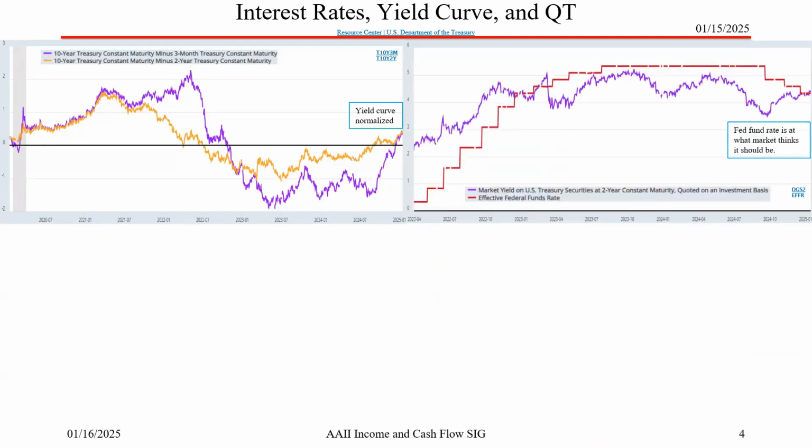The next one is the 2-year Treasury versus the effective federal funds rate. There is a saying that the 2-year Treasury is what the market is telling the Fed where the Fed funds rate should be. In part of 2023 and the whole of 2024, the market was telling the Fed to lower rates.